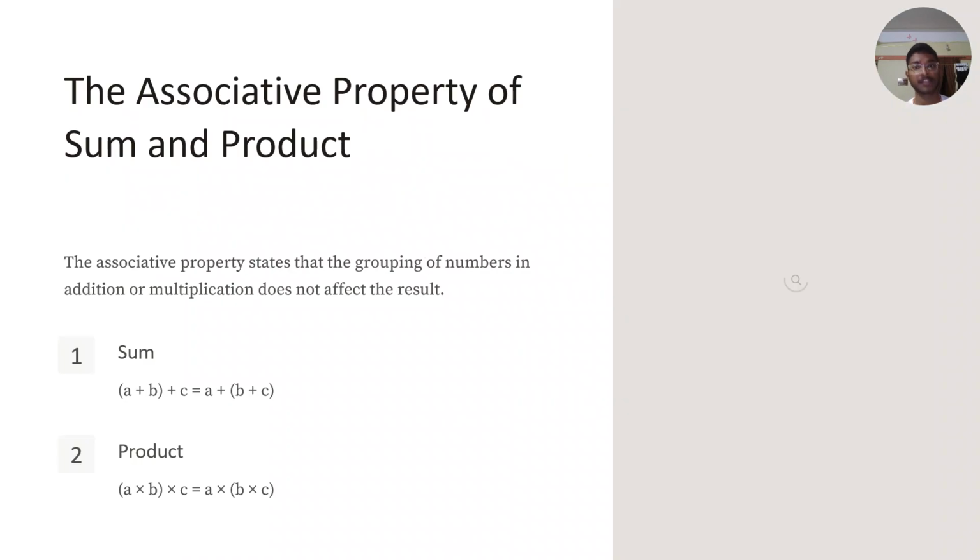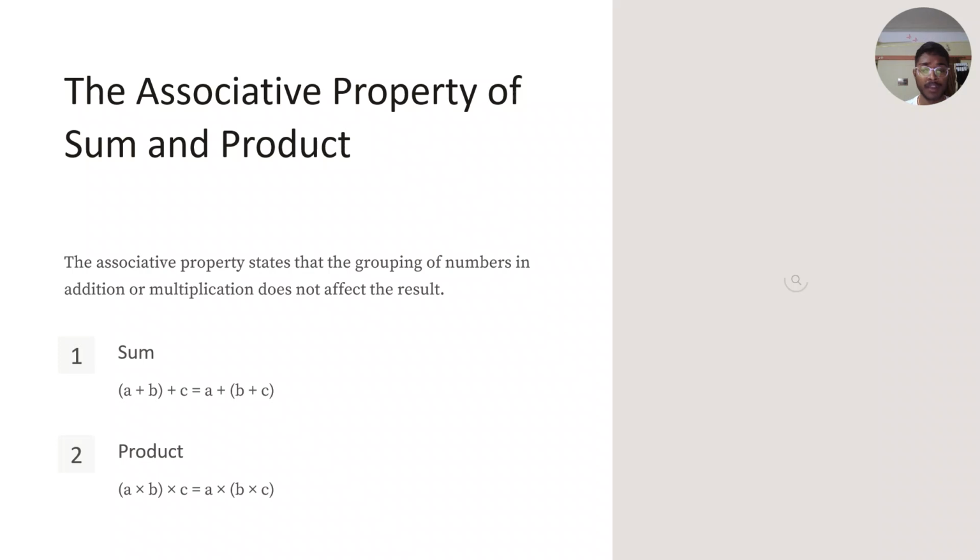Now we have the associative property of the sum and product. The associative property states that the grouping of numbers in addition or multiplication doesn't affect the result. As you can see, for the sum, a plus b, plus c is equal to a plus, b plus c. Using this associative property, let's say you have a, b, c.